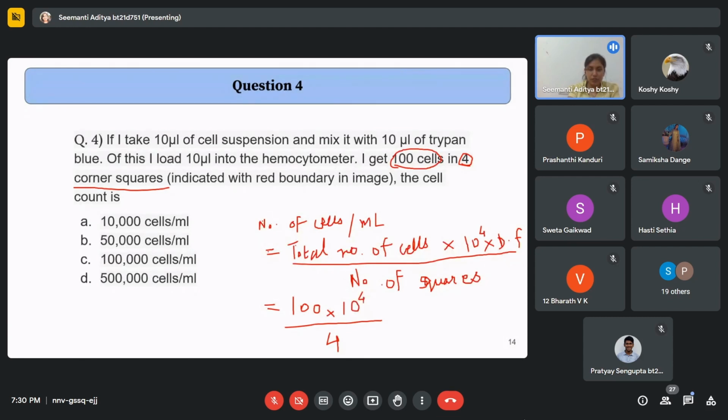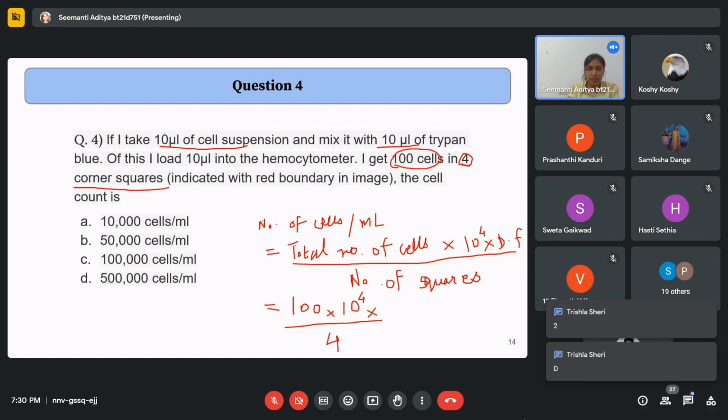And what is the dilution factor here? You are taking 10 microliter of cell suspension and 10 microliter of trypan blue, correct? So Samiksha, the dilution is 1:2 because we are adding 10 microliter suspension and 10 microliter trypan blue.